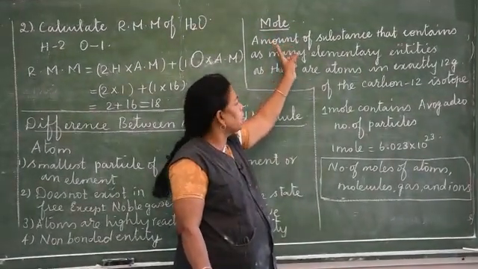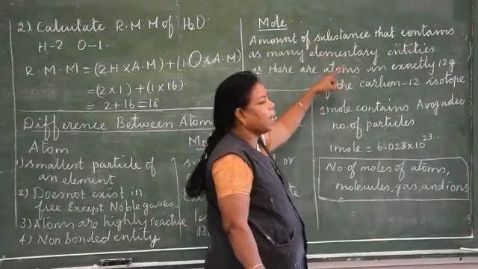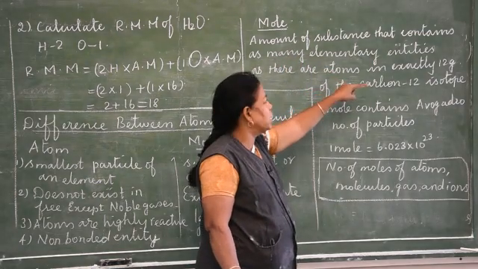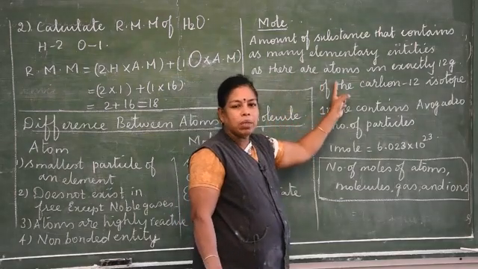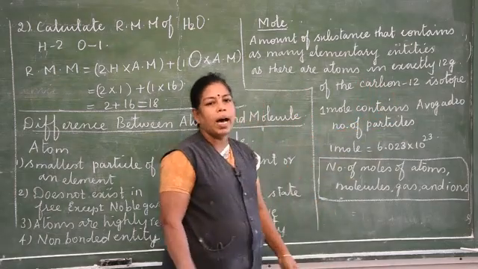Mole is nothing but the amount of substance that contains as many elementary particles, as many elementary entities, as there are atoms in exactly 12 gram of a carbon 12 isotope.